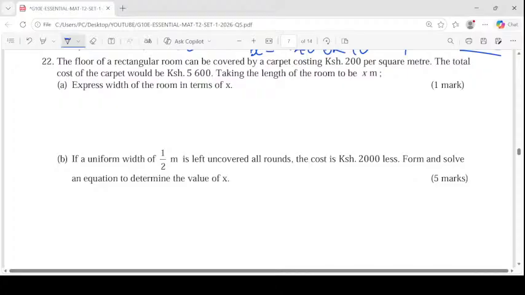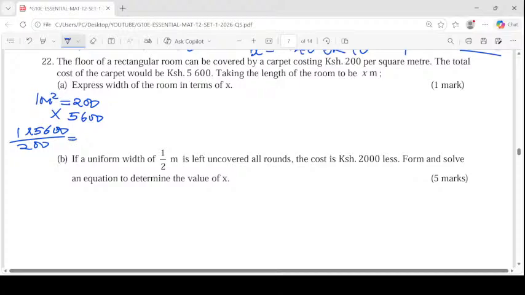So the total cost is 5,600. Remember that 1 square meter of a carpet is equivalent to 200 shillings. What about this 5,600 shillings? When you cross multiply, this will be 1 multiplied by 5,600 divided by 200.